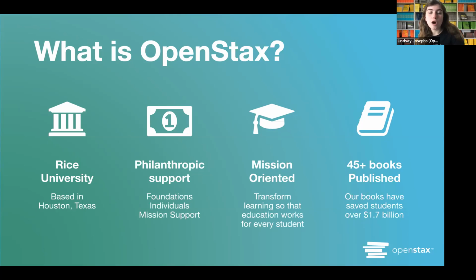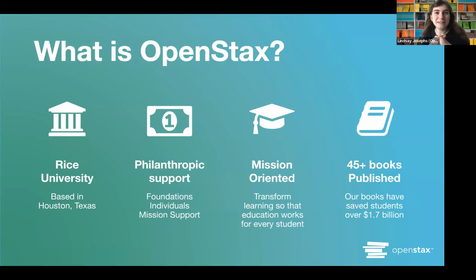In addition, we're also able to support our operations through mission support fees that we receive from our OpenStax allies like Learner. So essentially, anytime an instructor pairs one of our free textbooks with one of our low-cost technology partners, we get a small mission support fee that helps to sustain our operations.